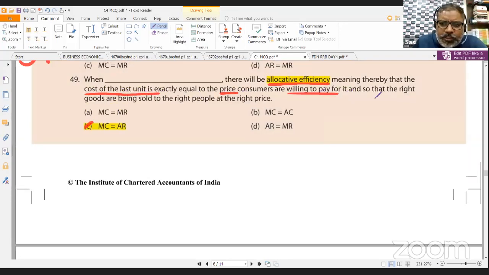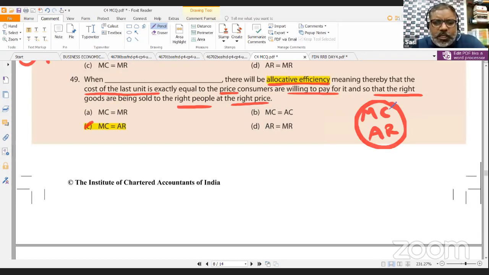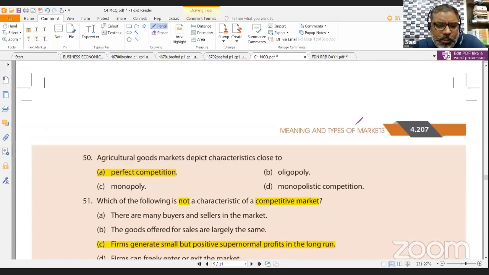Consumers are willing to pay for it, so that the right goods are being sold to the right people at the right price. What do you mean by the cost of the last unit? That is marginal cost. What do you mean by the price? That is average revenue. When these two are equal, that's what it means, allocative efficiency. The question itself gave the hint. Answer is C, marginal cost is equal to average revenue.